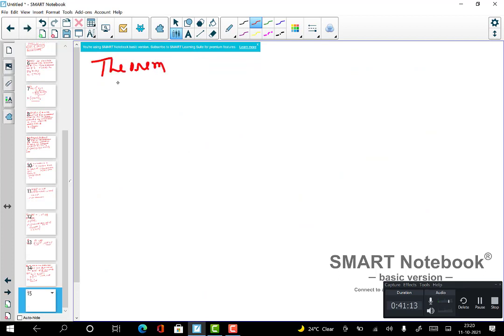Theorem. What does this theorem tell you? Suppose you have a vector space V and a subspace W which is finite dimensional. So let V be an inner product space, and V can be infinite dimensional also; I have no problem with that.